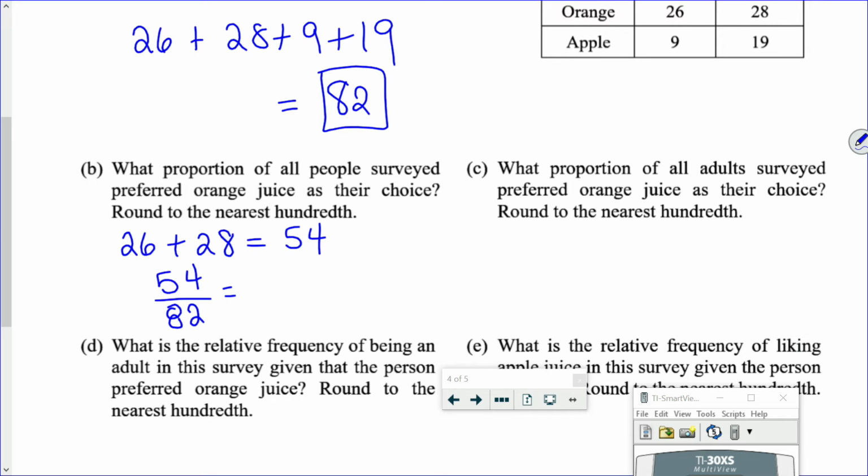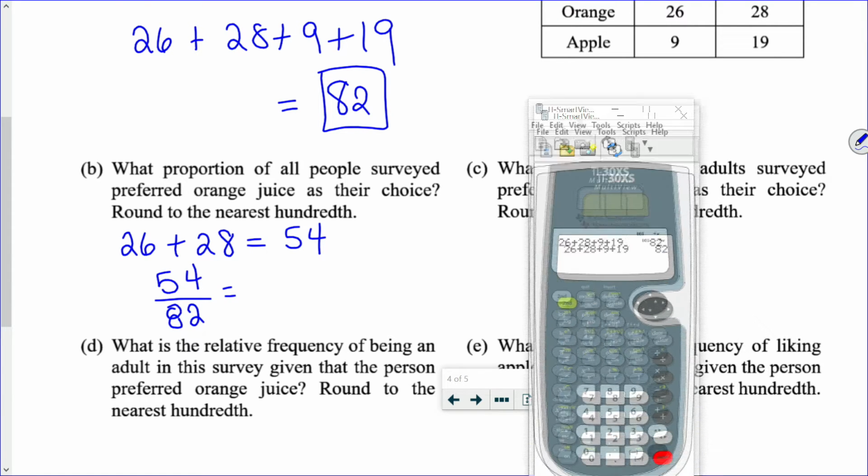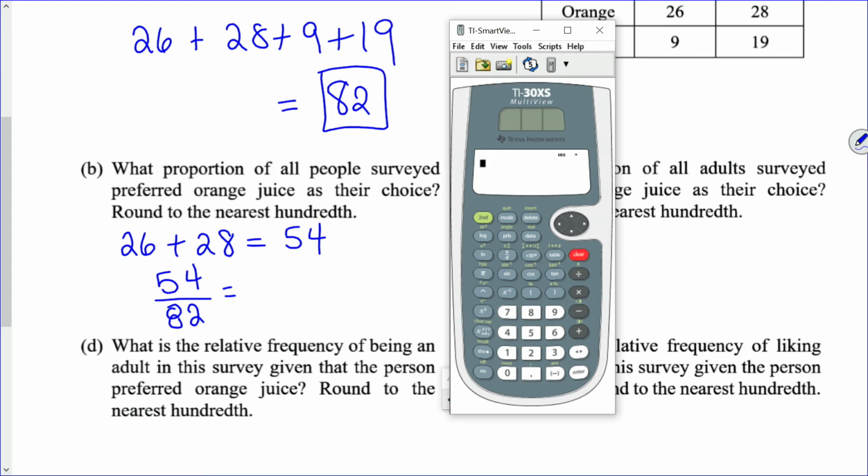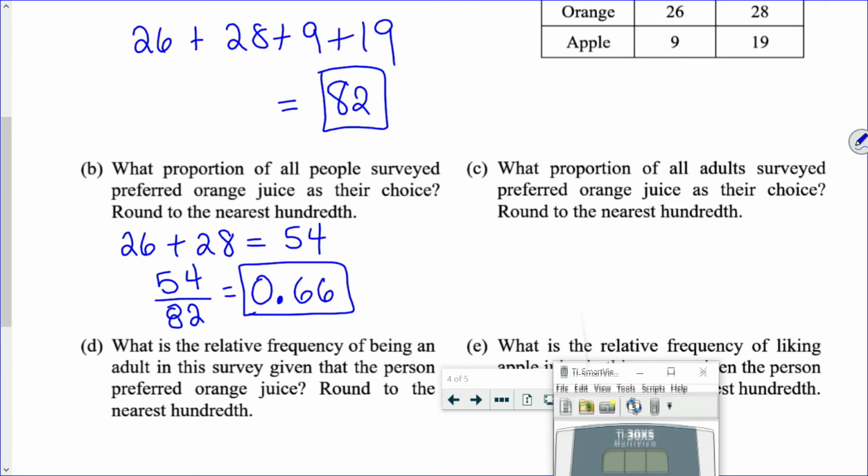So there's our fraction, 54/82. Now we just do the division: 0.66, rounded to the nearest hundredth. So our proportion is 0.66.